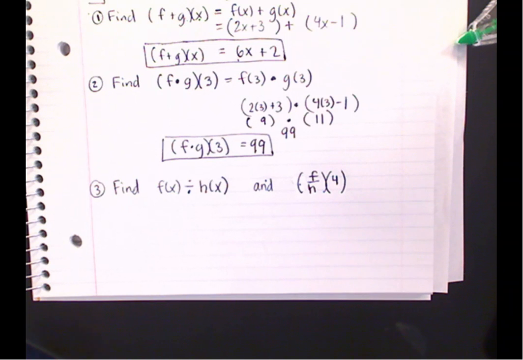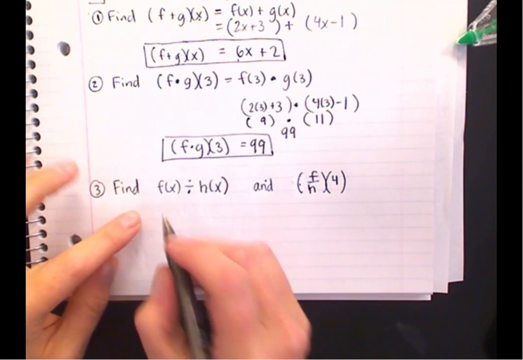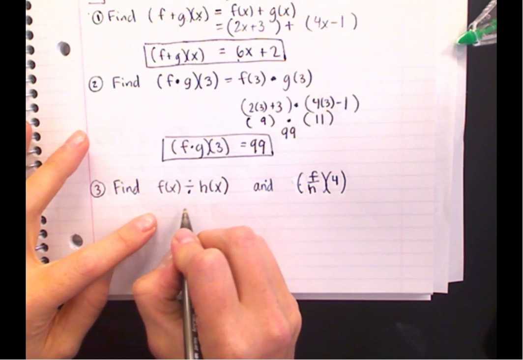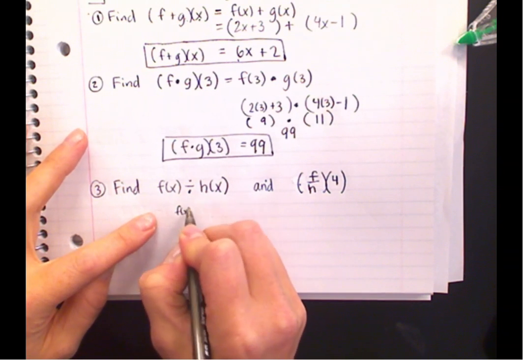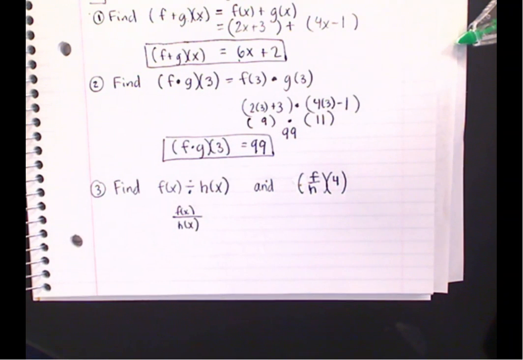You might want to write it as a fraction instead. Division is a little tricky. You might want to write it as a fraction instead. Horizontal notation or vertical notation?